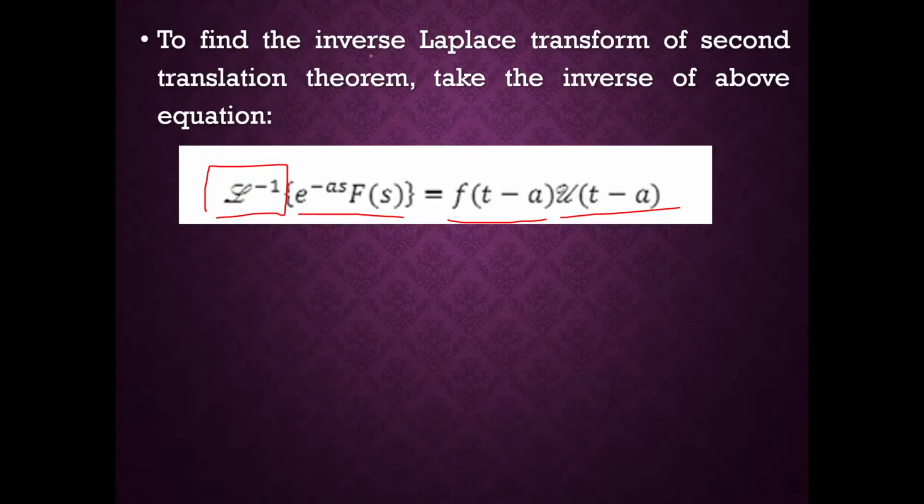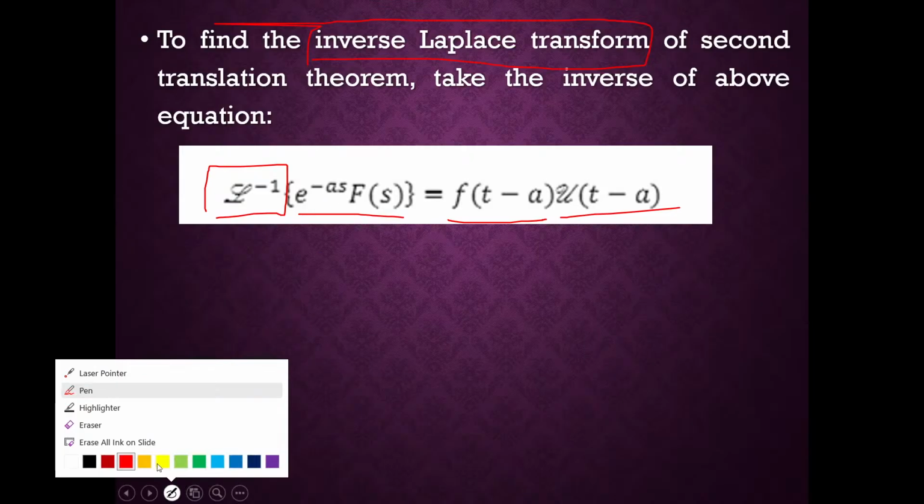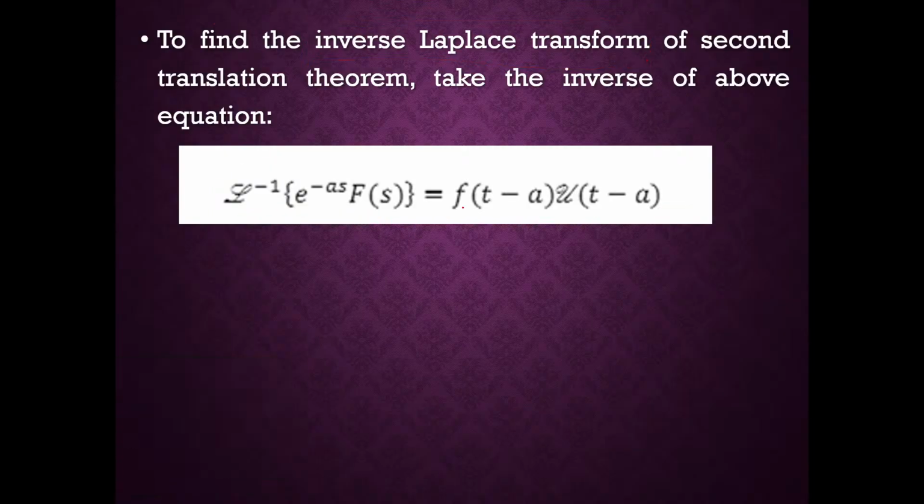If you have the S domain and you want the time domain values, you must go for inverse Laplace. Inverse Laplace of e power minus as f of s is equal to f of t minus a, u of t minus a.